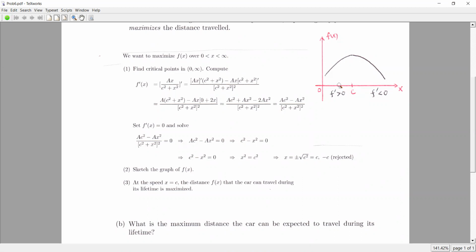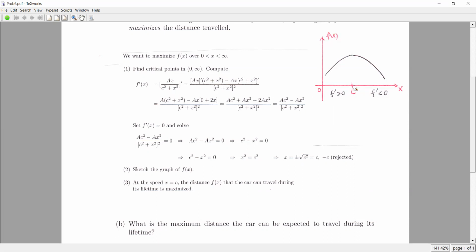Then plug in C over 2 for the x here. It is easy to see that the derivative at C over 2 is positive. That means that between 0 and C, everywhere, the derivative is positive. Therefore, the graph of f is increasing.